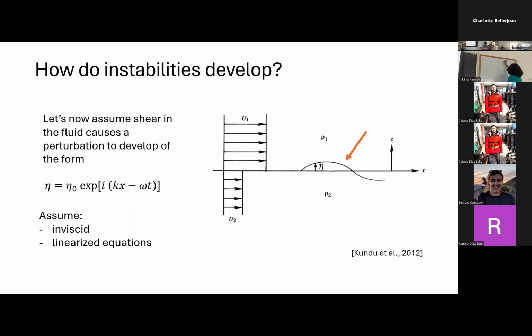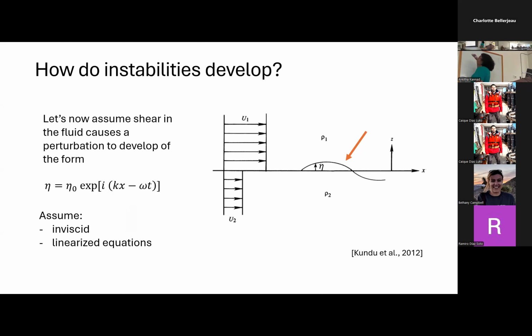So starting off with that two-layer model, you've got fluid of rho 1, fluid of rho 2. And if you add shear to that, so that's something that's higher at the top and lower at the bottom.